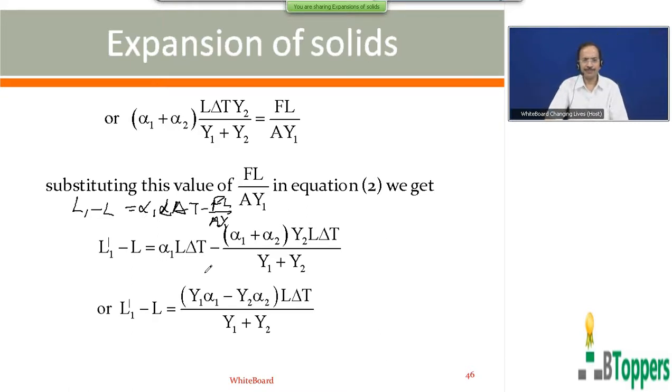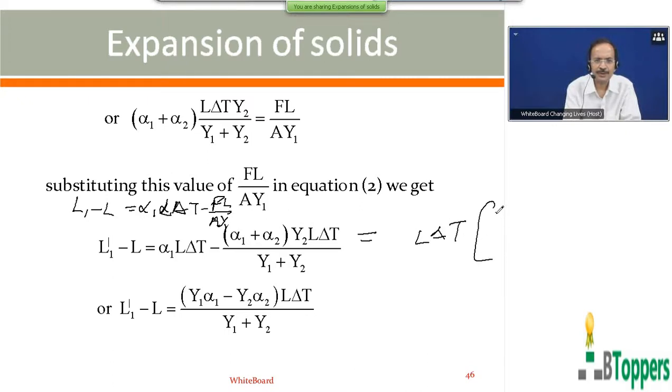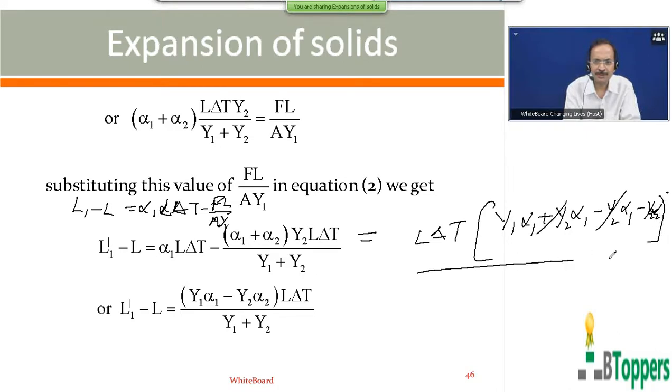That you can simplify further to get this conclusion. If you take L delta T common as explained before, you get Y1 alpha 1 plus Y2 alpha 1 minus Y2 alpha 1 minus Y2 alpha 2. This will get cancelled by Y1 plus Y2. So finally, you get this conclusion.